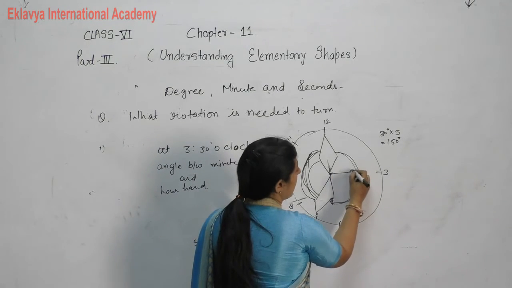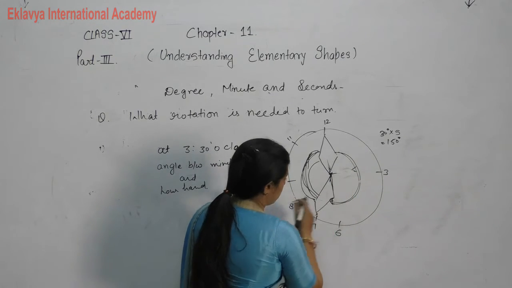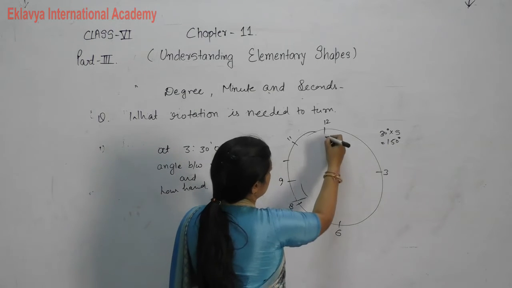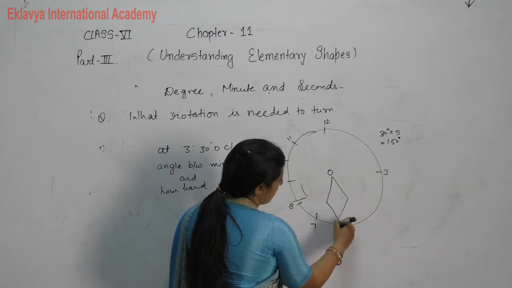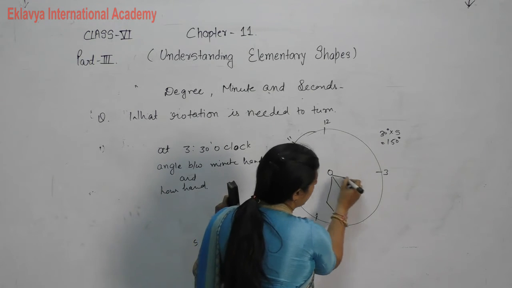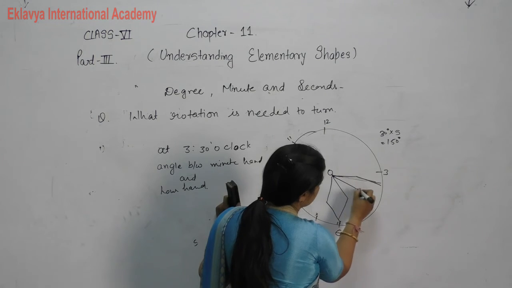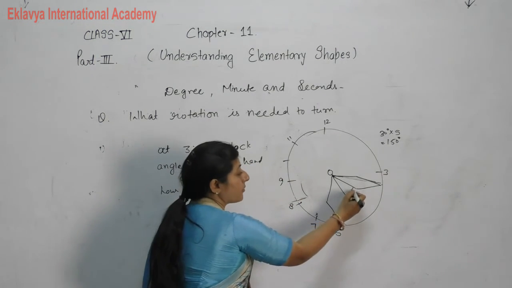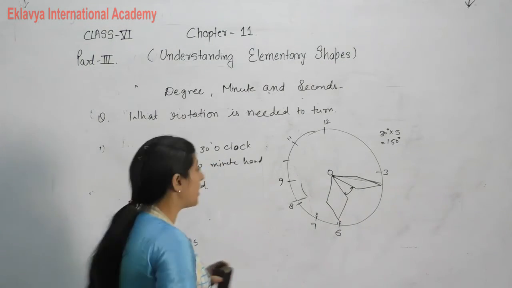The minute hand is directly at 6 and the hour hand is somewhere between 3 and 4, not exactly on 3, and we want to find out this angle. What is the angle between the minute hand and the hour hand?